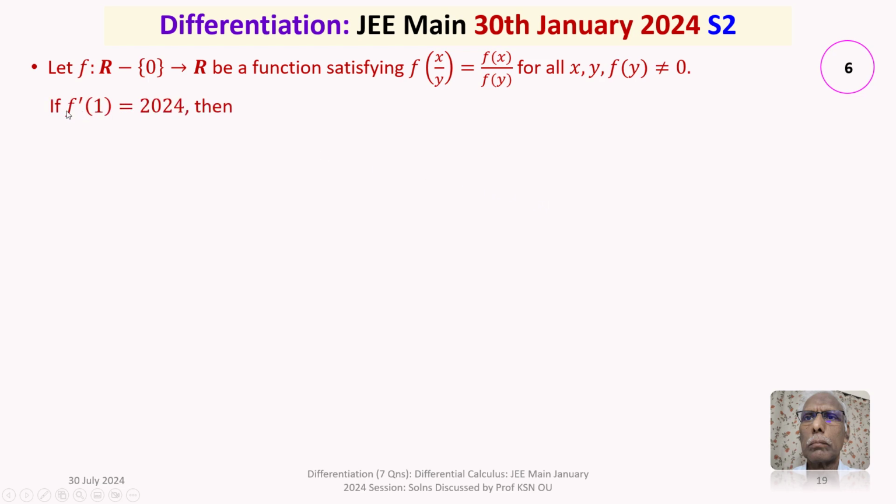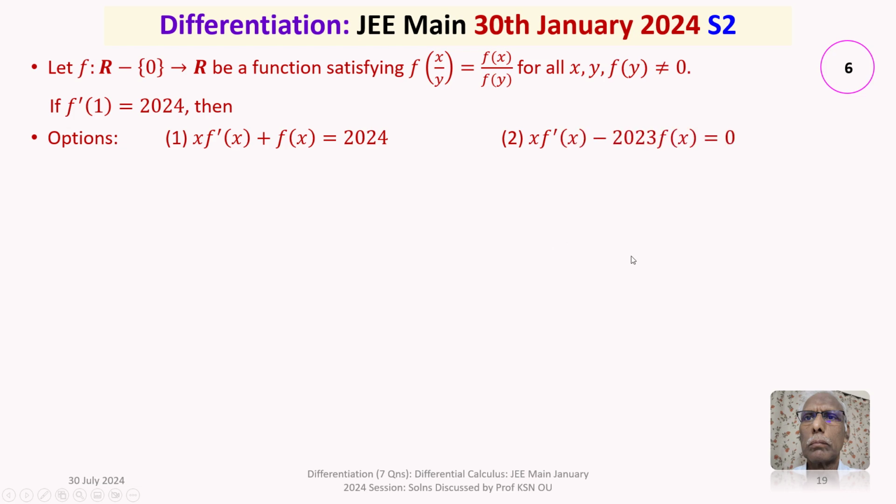And if f prime at 1 is 2024, then we are given 4 options. So the 4 options are here. Agreed.